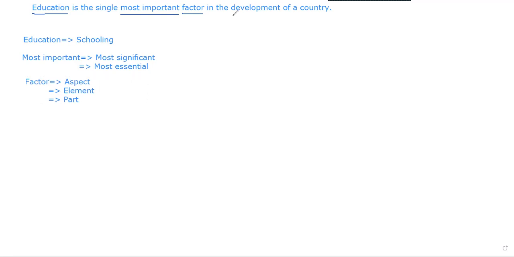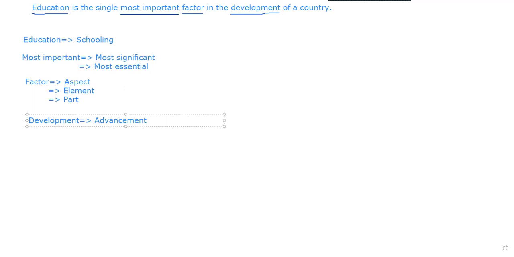Then maybe this one, development. Can you tell me some synonymous words for development? Improvement, you can use, but a bit more appropriate one would be advancement, right?